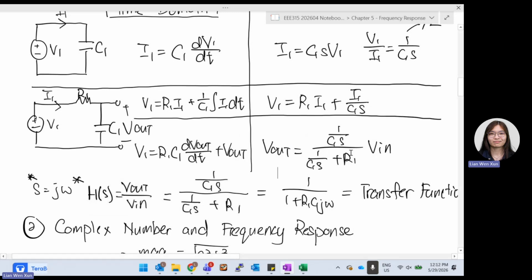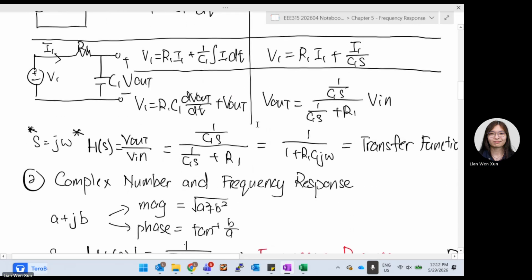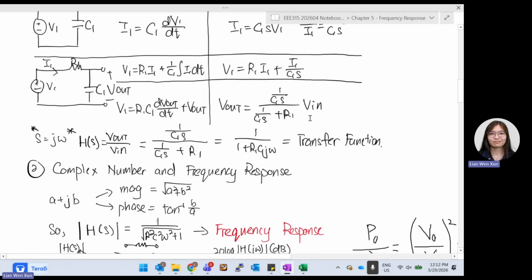So V out over V in in frequency domain will be 1 over C1S divided by 1 over C1S plus R1. This is the whole term. And if you put S equals j omega, it will be 1 over 1 plus R1 C j omega. So this is the main transfer function from the circuit just now.